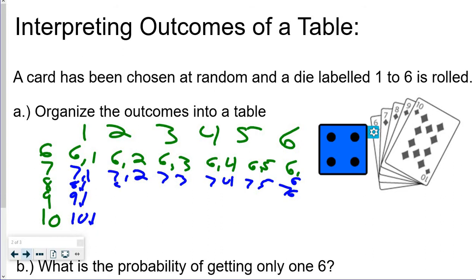We have 8,2, 9,2, 10,2. We have 8,3, 9,3, and 10,3.